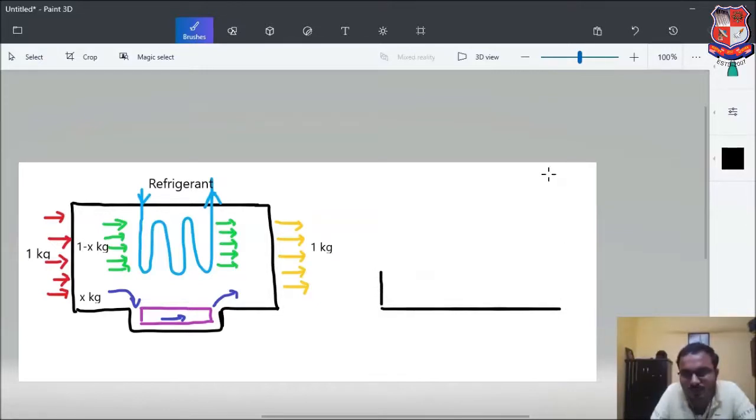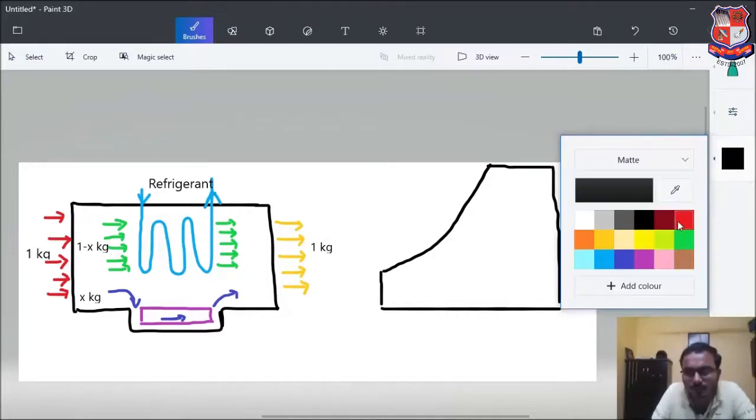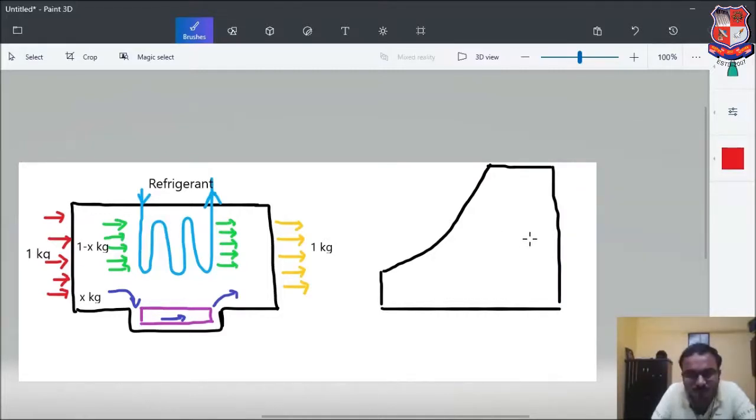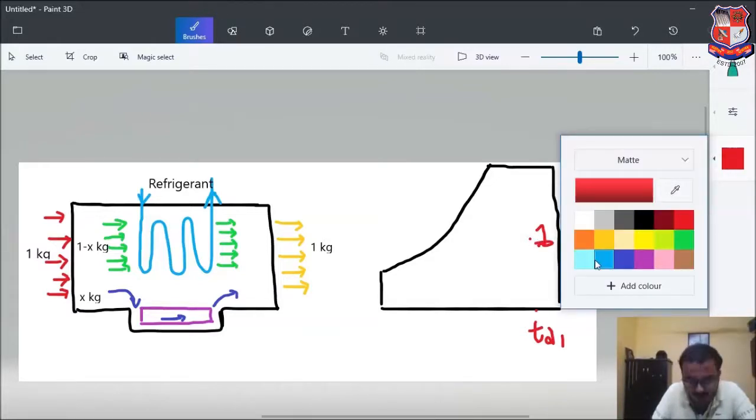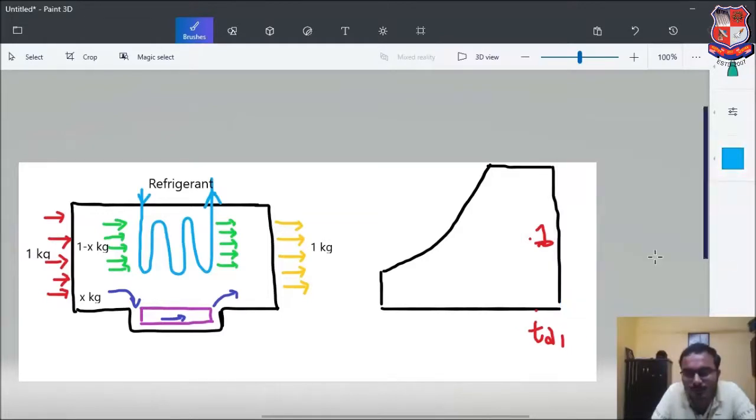It will be similar to our sensible cooling psychrometric chart. As we are cooling it, this point will be TD1 and it will be denoted here with point number 1. Then our cooling refrigerant is at point number 3, which is somewhere here.